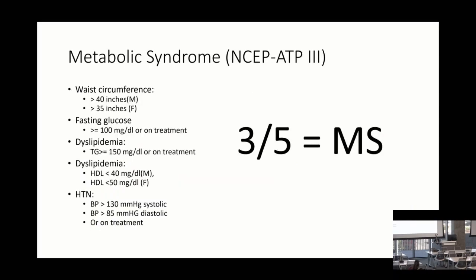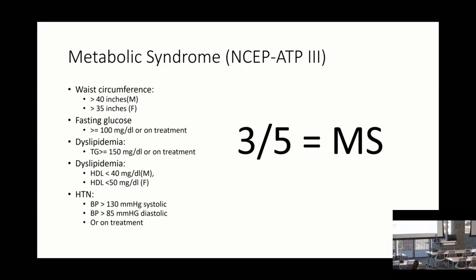So metabolic syndrome, again, has 5 components. Waist circumference, which we talked about, and fasting glucose more than 100, so that is anything in the pre-diabetes range. Dyslipidemia, so triglyceride greater than or equal to 150, and HDL less than 40 for male or less than 50 for female, and then having high blood pressure.